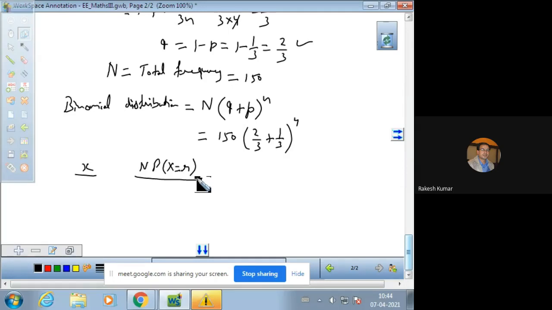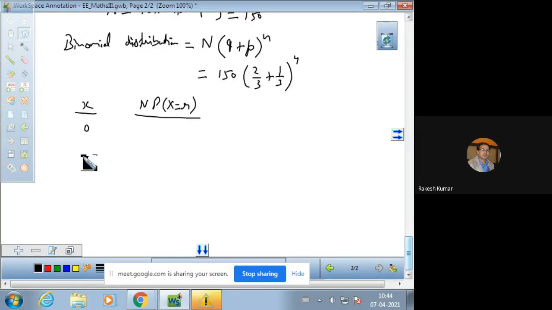You will calculate with the help of binomial distribution, and we know that x takes the values 0 to 4. So this is 0, 1, 2, 3, and last value is 4.